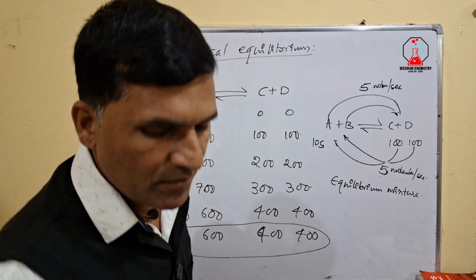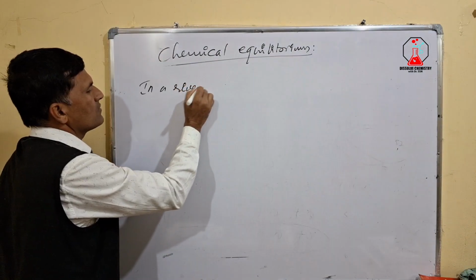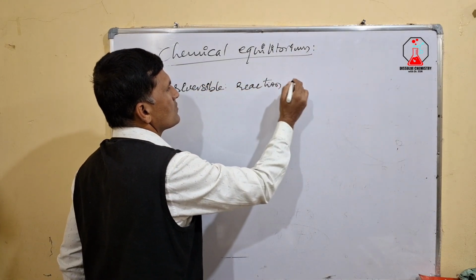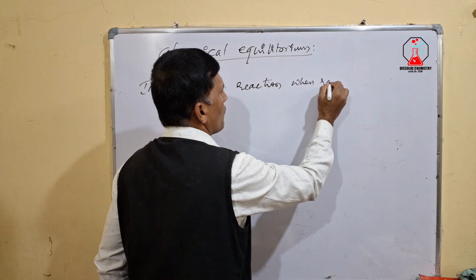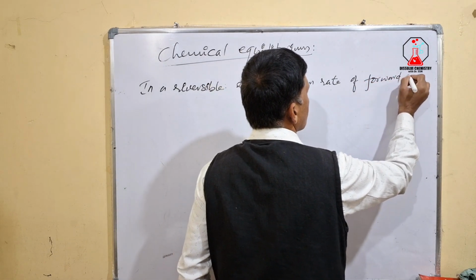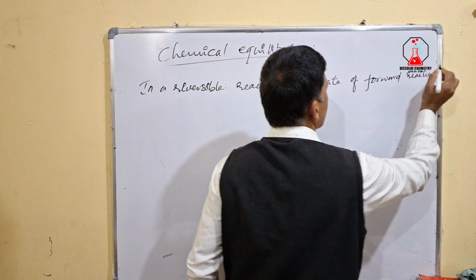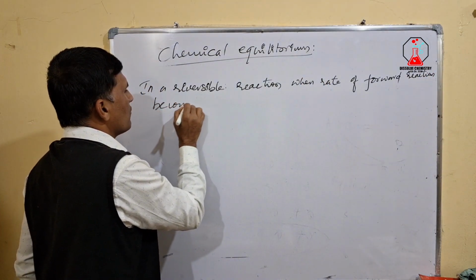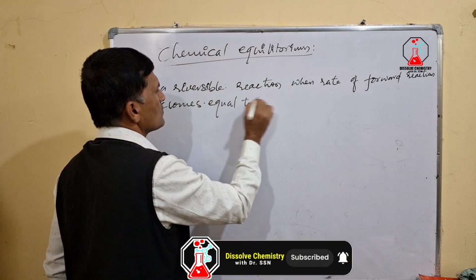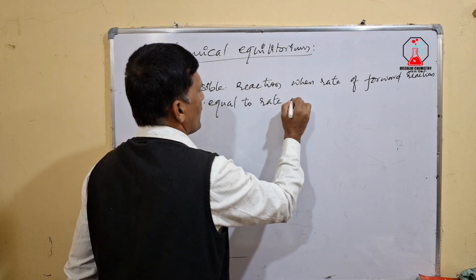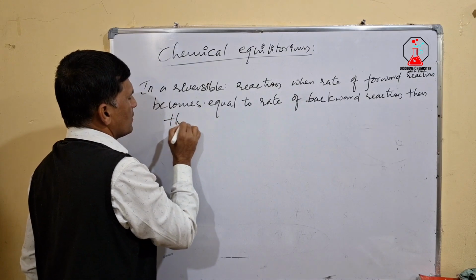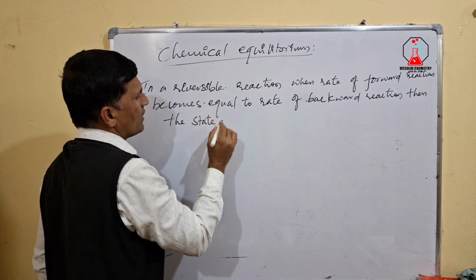Fine. Let us define the term chemical equilibrium. Reversible reaction, when the rate of forward reaction becomes equal to rate of backward reaction, then that state of reaction we call as what?